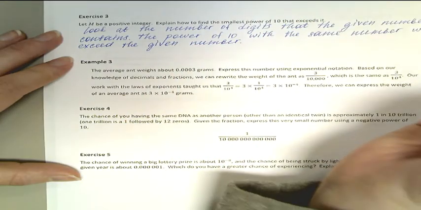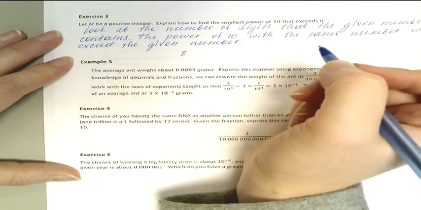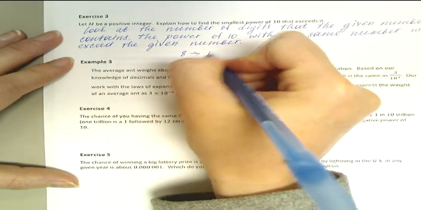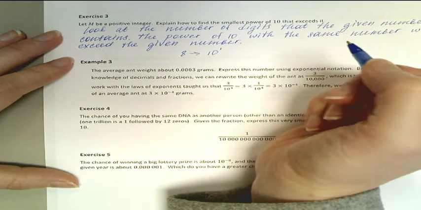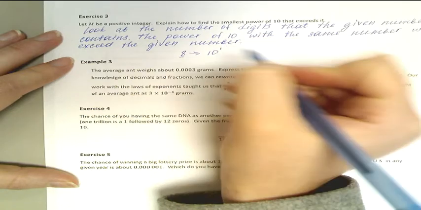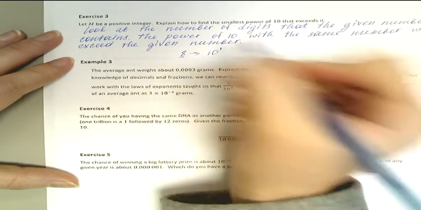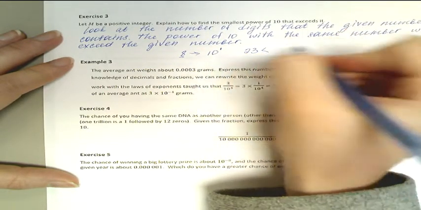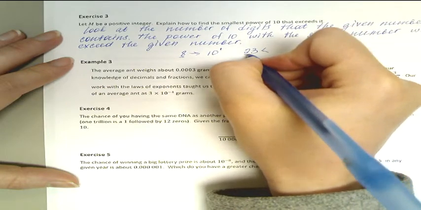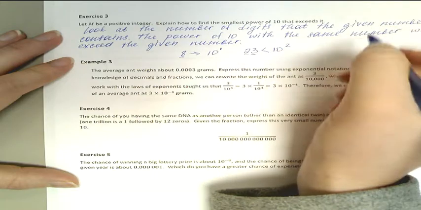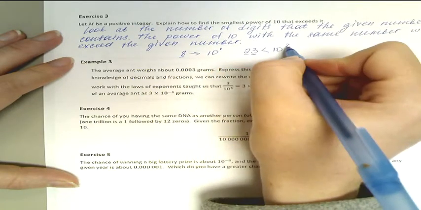For example, let's take a look at number 8. The smallest power of 10 that will exceed 8 is 10 to the first power, because 10 is larger than 8 and it has 2 digits. 8 has 1 digit. 1 digit and the first power of 10. If I look at number 23, the first power of 10 that will exceed this number, because it has 2 digits, will be 10 to the second power. See the relationship? 2 digits, second power of 10.